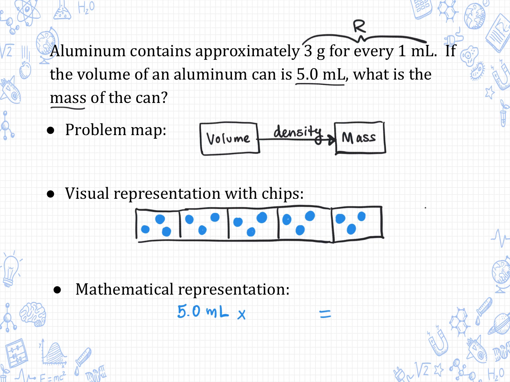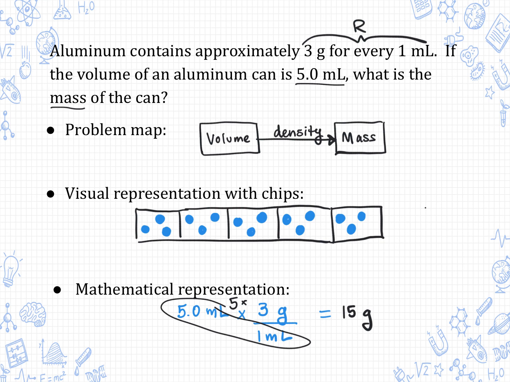I'm going to get that by multiplying by 3, not dividing by 3. So I'm thinking about what my relationship means. And my relationship is 3 grams for every 1 milliliter. So that means I have 5 times as much as just 1 unit. I have 5 times as many milliliters as our unit or our relationship shows. So I will end up with, in my second quantity, 15 grams.